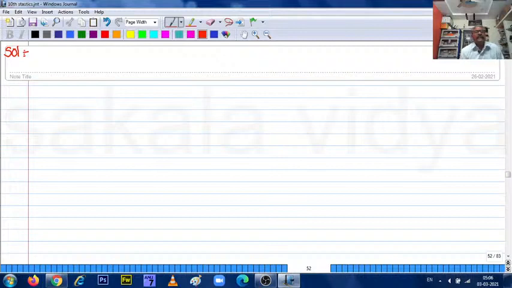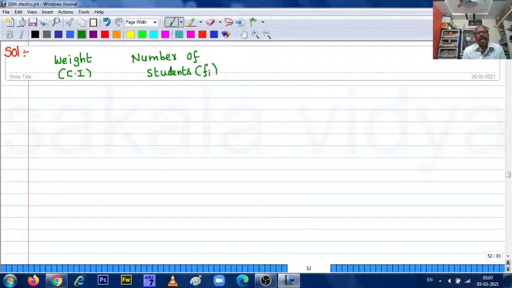Solution. First, rewrite the table here. Write down weight, which is the class interval. Next, number of students, which is the frequency, fi. Next, write down cumulative frequency.